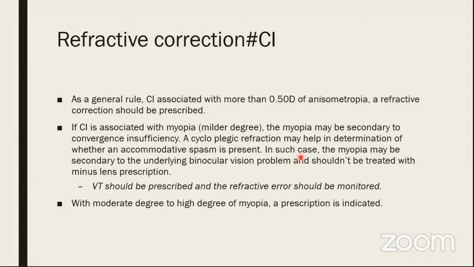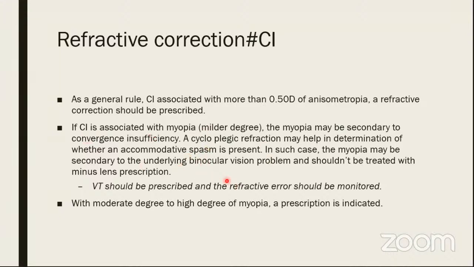Some placebo effect would be there with the prescription of glasses, where the patient might feel, okay, I'm wearing glasses, so I have been treated, so my problem should be a little less. But actually we have to go for a complete evaluation to find out whether the smaller degree of myopia in the asthenopic patient could be because of these non-strabismic binocular vision problems.